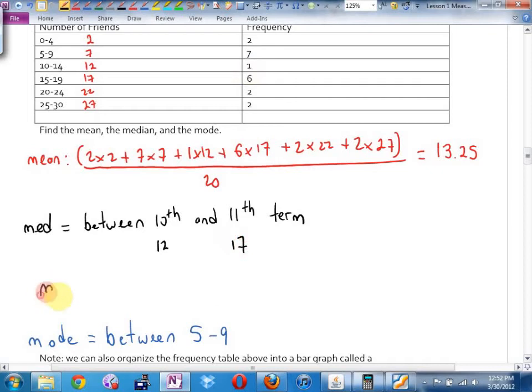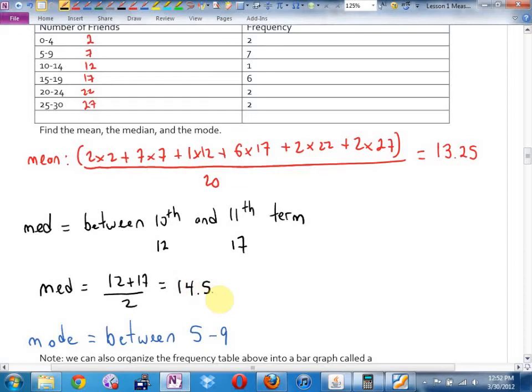So to find the median, 12 plus 17 divided by 2, that should give us halfway between them. 29 divided by 2, 14.5? Yeah. Okay.